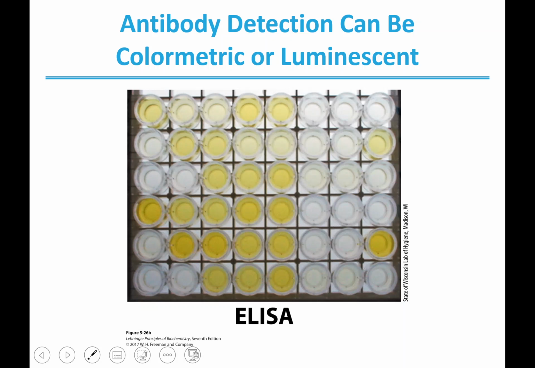So you can look at a number of different samples at the same time and quantitate how much protein of interest is in each sample. These techniques are very specific, and because of that, they're very widely used in biochemical laboratories.